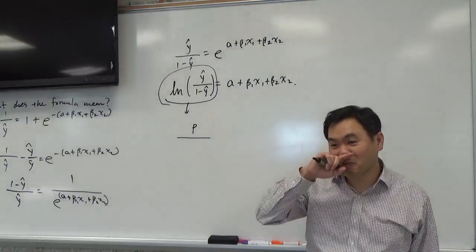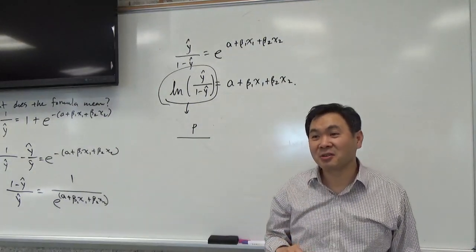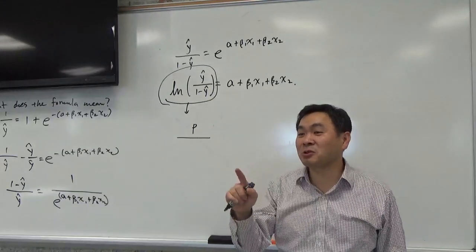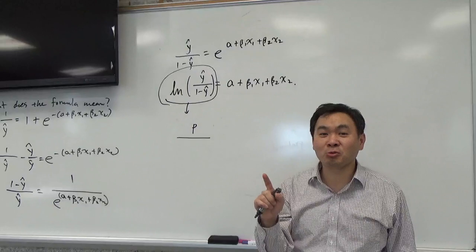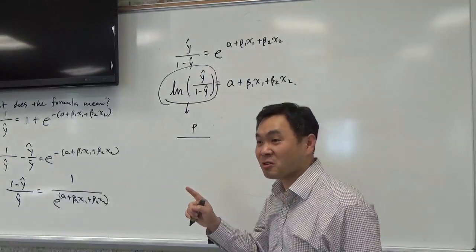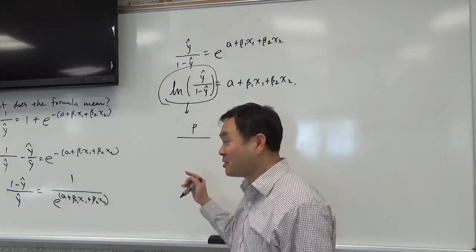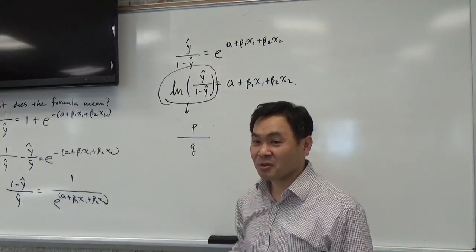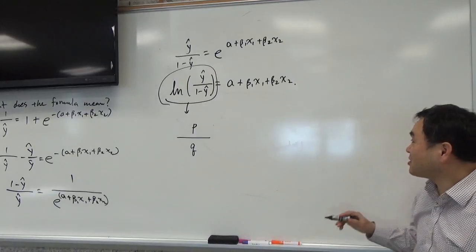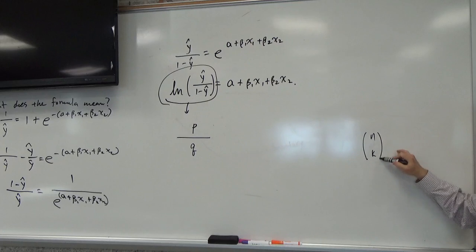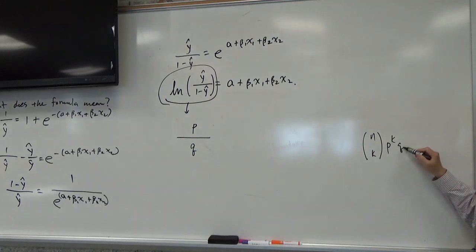Remember from binomial. It's the probability that something will not occur. There's a usual letter that we use for that, 1 minus p. It's q. In statistics you learn that binomial probability is n choose k, p to the k, q to the n minus k.